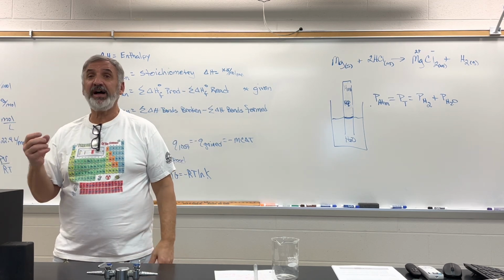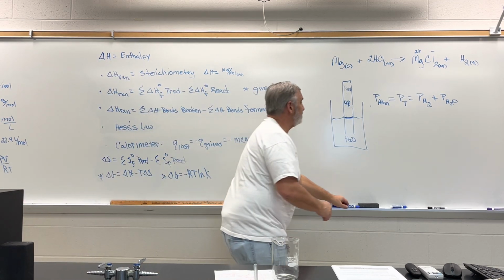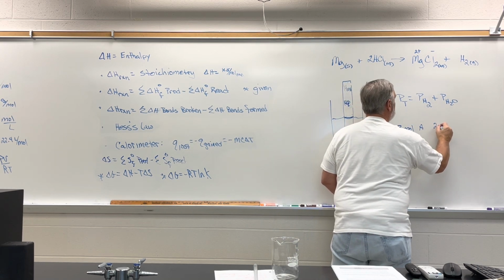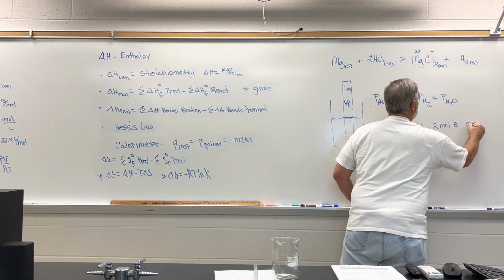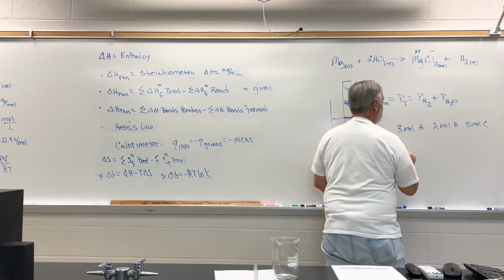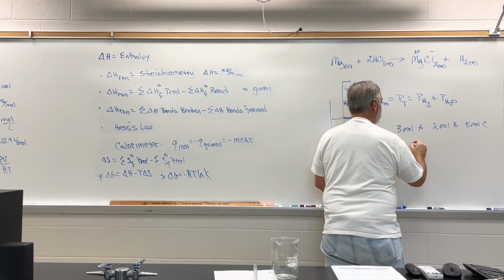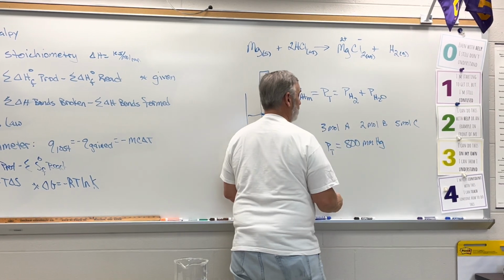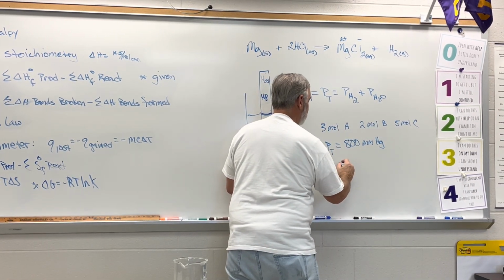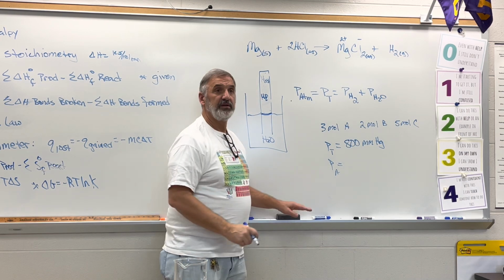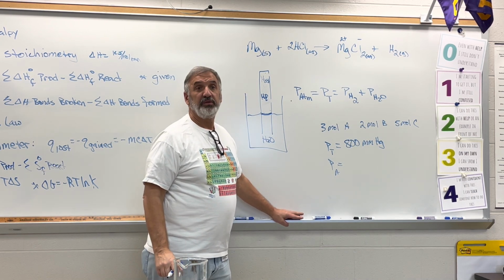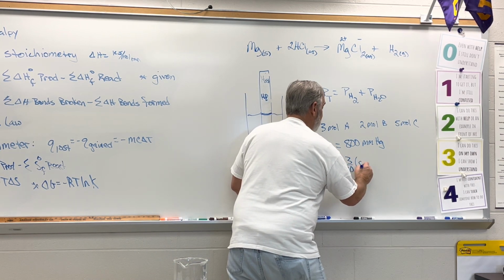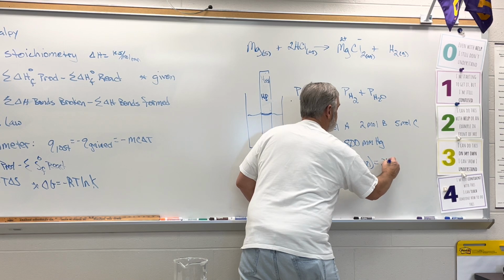So if I have a mixture of gases where I have 3 moles of A, 2 moles of B, and 5 moles of C, and the total pressure is equal to 800 millimeters of mercury, what's the pressure of A going to be? It's going to be 3/10 times 800, which Zach did in his head, was 240.